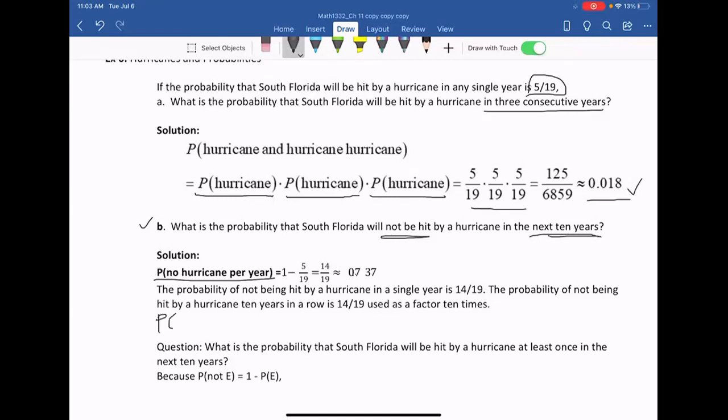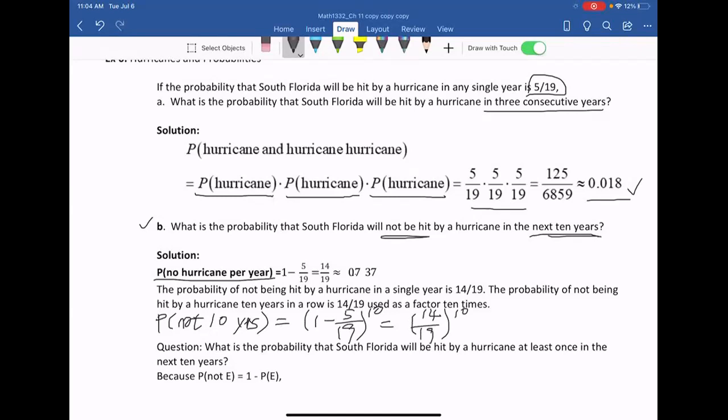So P of not being hit by a hurricane in the next 10 years equals 1 minus 5 over 19 to the 10th power, which equals 14 over 19 to the 10th.